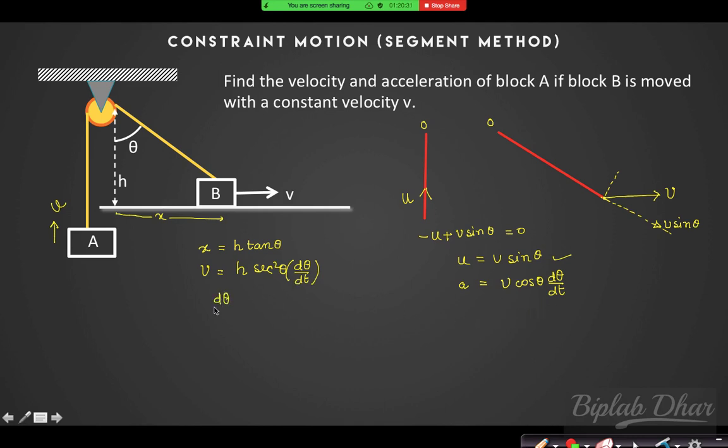What is d theta by dt then? It is v by h into cos square theta. So I'll put this value here, and you will get v square by h cos cube theta. That is the acceleration of A at this instant.